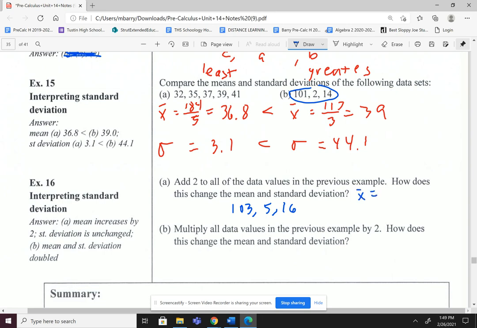So the mean is now gonna be, let's see, 103 plus 5 plus 16 is 124 over 3. And that would be 41.